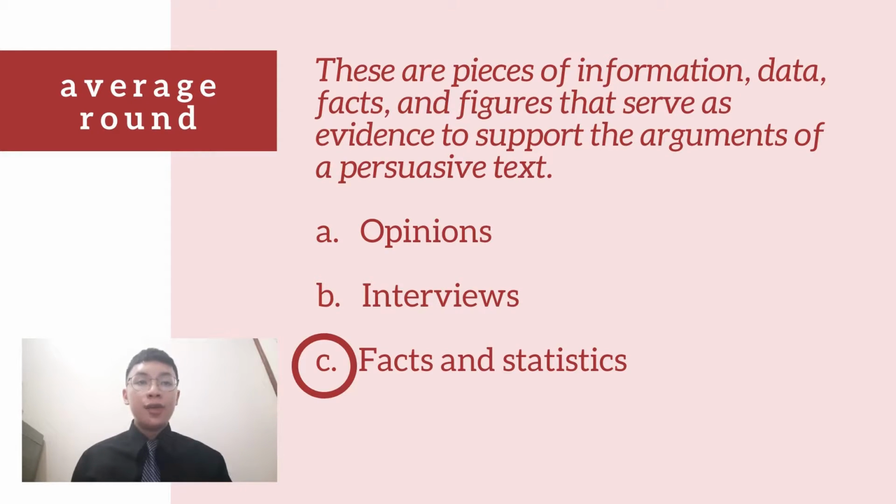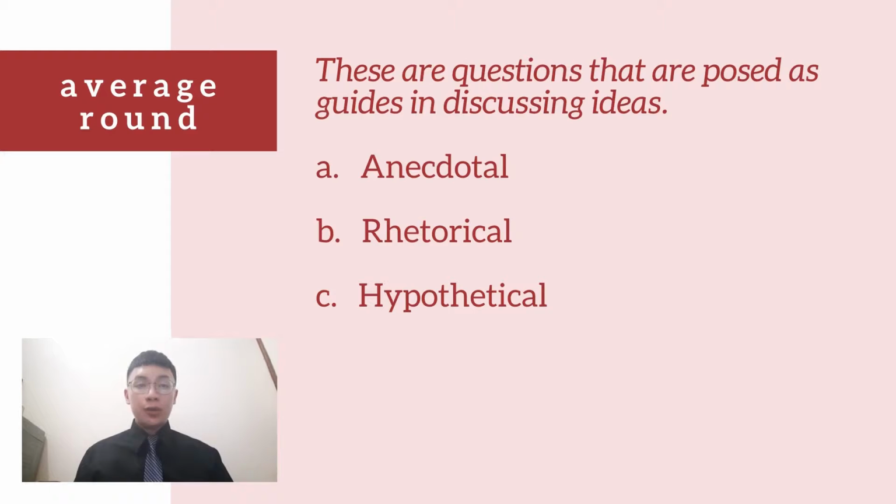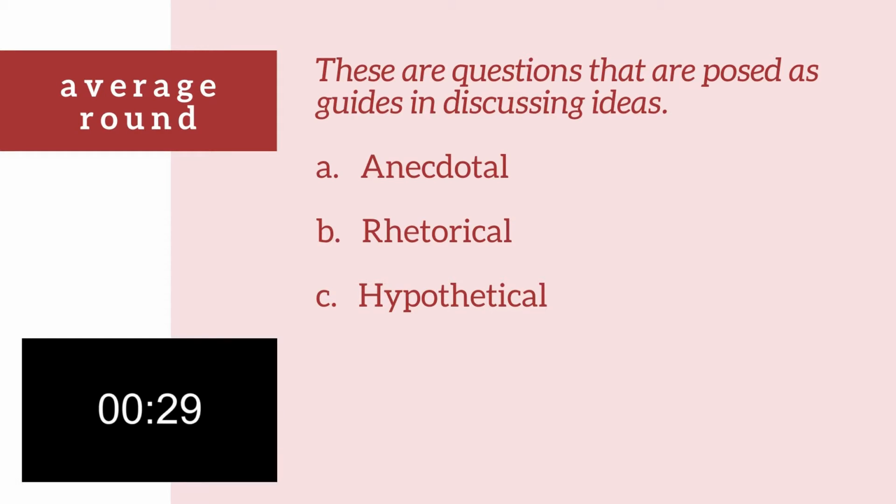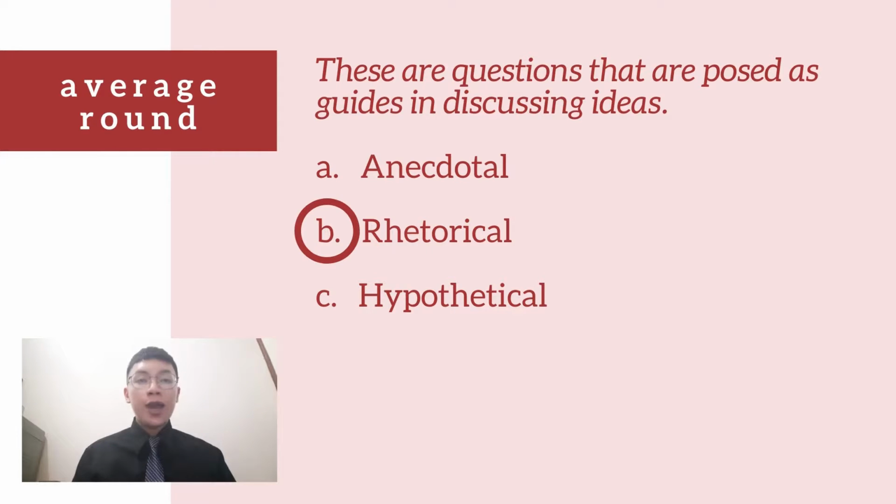The correct answer is C, facts and statistics. Question number 2. These are questions that are posed as guides in discussing ideas. A. Anecdotal. B. Rhetorical. And C. Hypothetical. The correct answer is letter B.